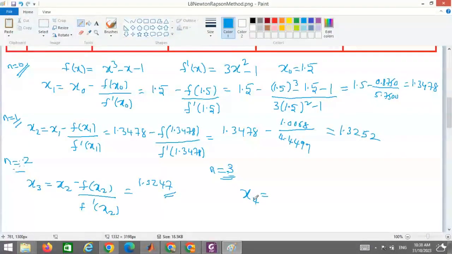So this is x3. So x3 is equal to x2... yeah, this will become 4.